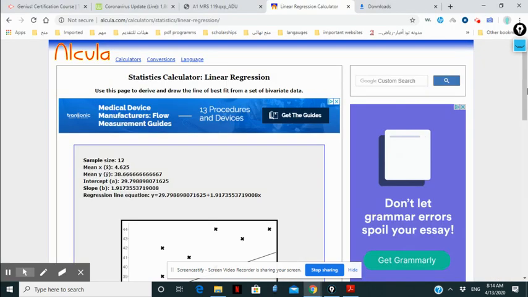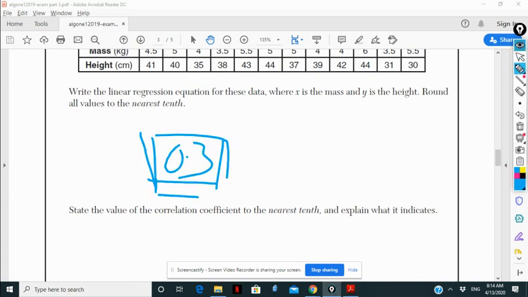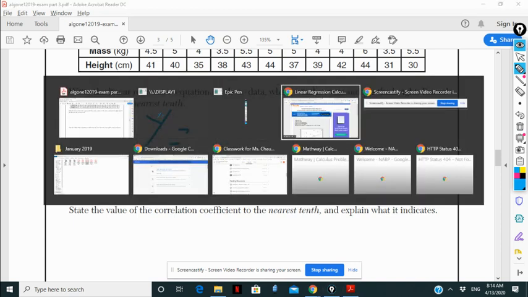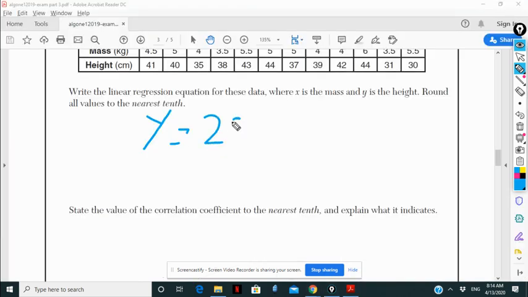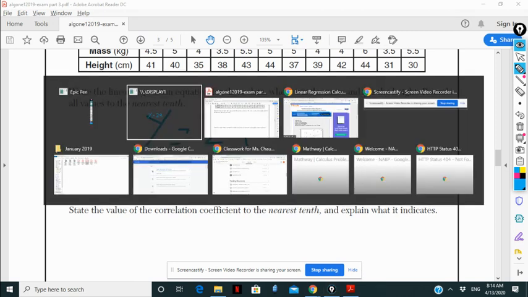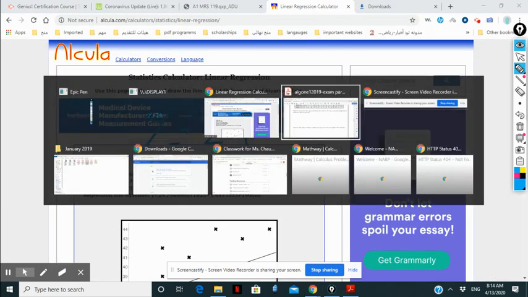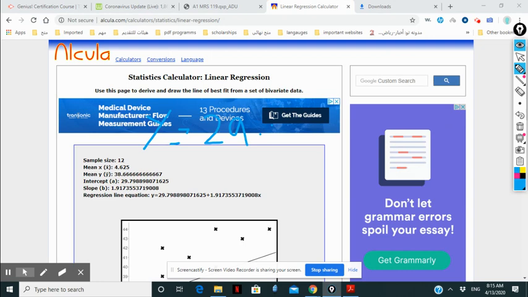So the equation is y equals 29.8x plus 1.9.